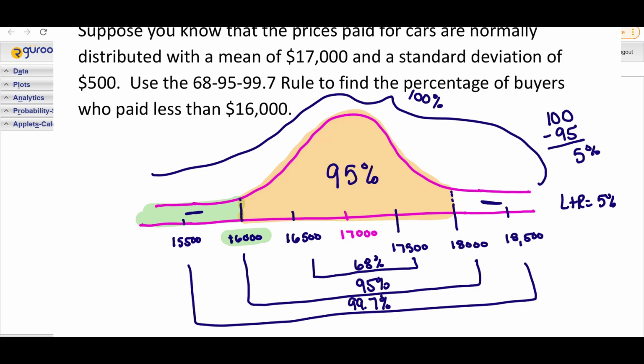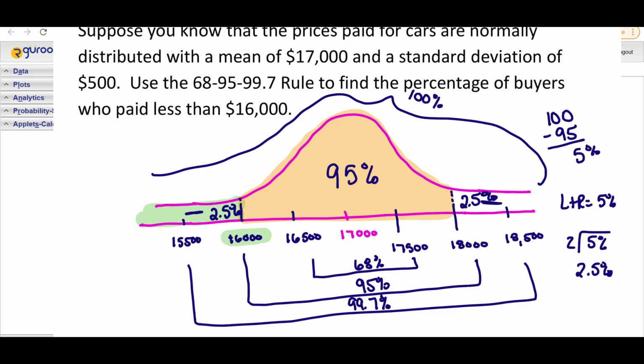Because it's symmetric, the left side and the right side should be equal. So if I divide 5% in half by 2, I get 2.5% on each side. So you get 2.5% over here and 2.5% over here.